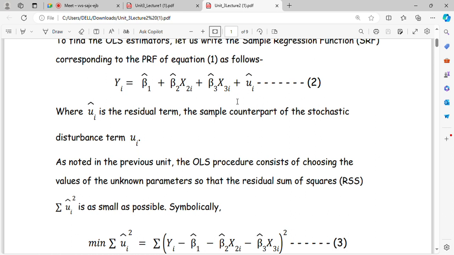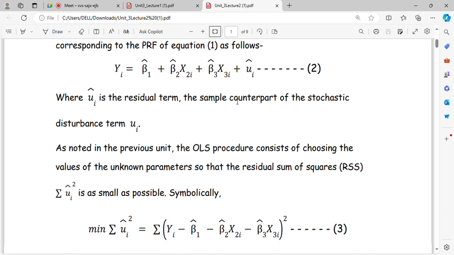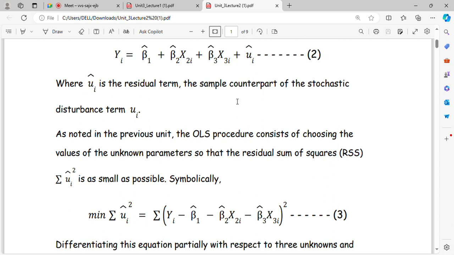Because if we just use summation ui hat, জাস্ট যদি আমি মিনিমাইজ করতে চাই রেসিডুয়ালটাকে, শুধুমাত্র সাম অফ রেসিডুয়ালটাকে, সেটা পসিবল নয়। Why? Because summation ui hat can be 0 because some negative values and some positive values can cancel out, and that can lead to 0 summation ui hat. That's why we often use summation ui hat square, and we try to minimize this.